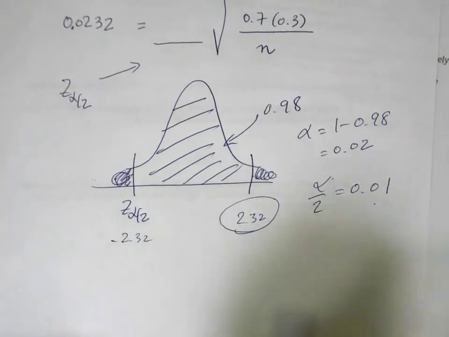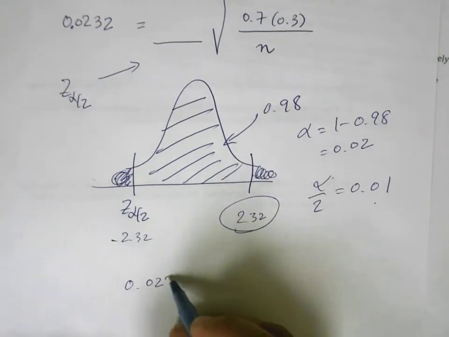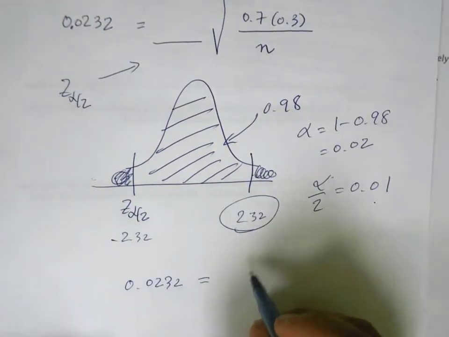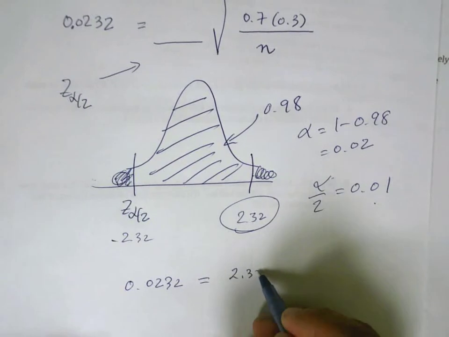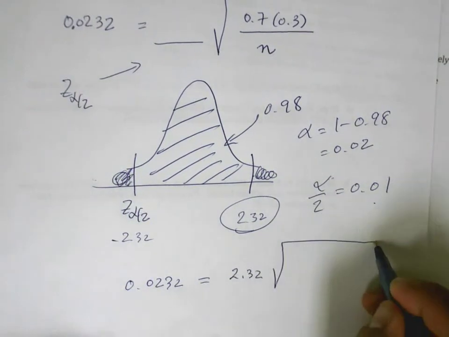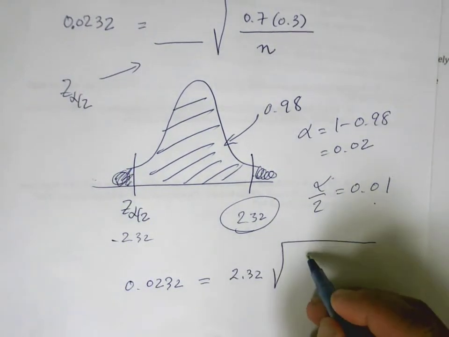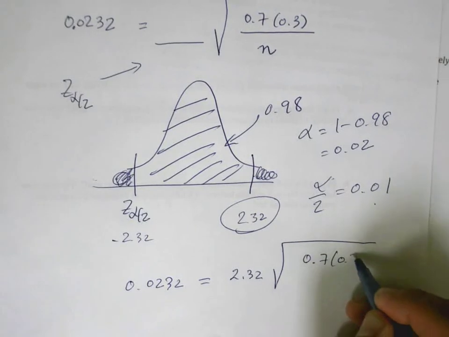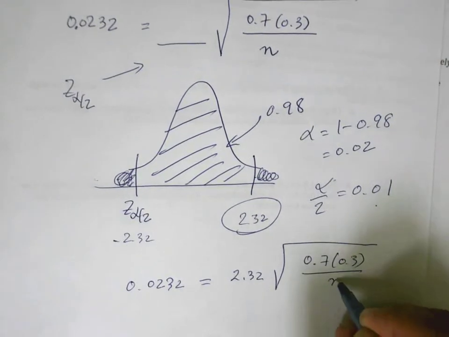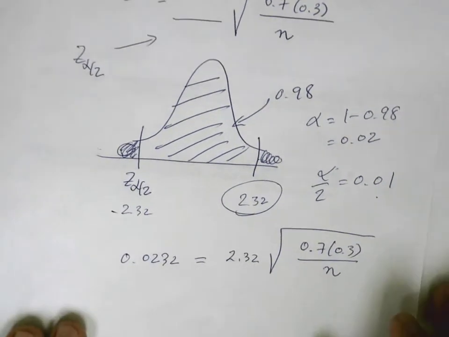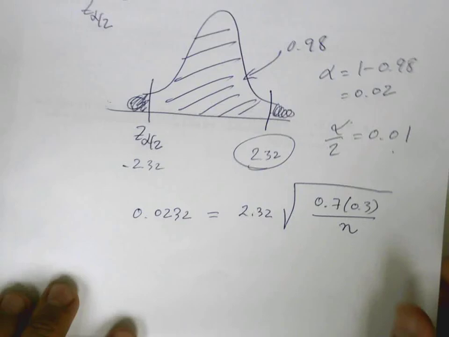So 0.0232 equals 2.32 times the square root of 0.7 times 0.3 over n. Okay. Now we have to do some algebra. Divide both sides by 2.23.